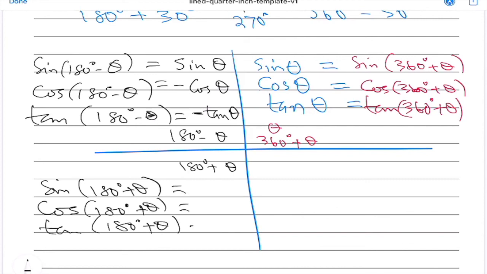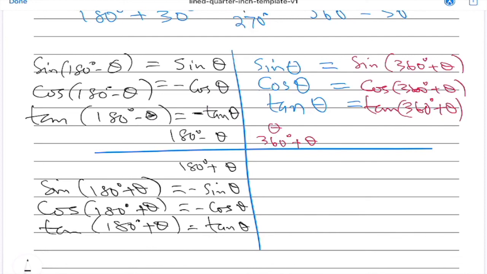Now in this quadrant, only tangent is positive, the rest are negative. So sine of 180 plus theta will give you minus sine theta. Cosine will be minus cosine theta. Tangent will be positive because tangent is positive here. So the tangent of 180 plus theta is the same as the tangent of theta. These are called your reduction formulae.